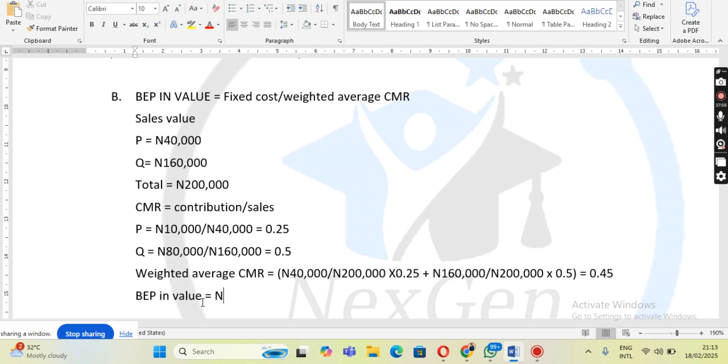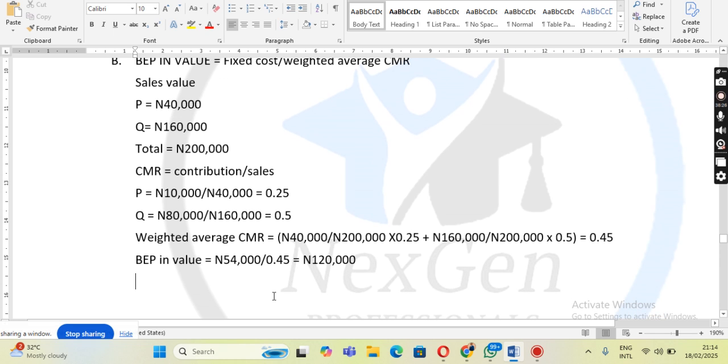What is our fixed cost, class? 54,000 naira, divided by the weighted average CMR. So what is the weighted average CMR? 0.45. What do you have? Class, what do you have? 120,000 naira. Now, this 120,000 naira is for the two products, just like the way we did before.